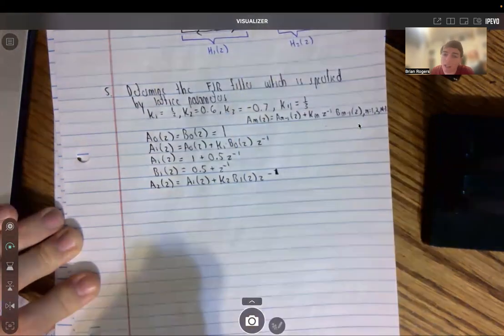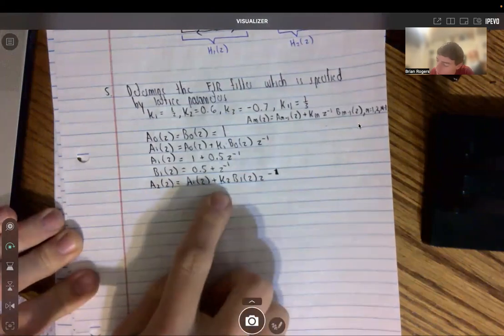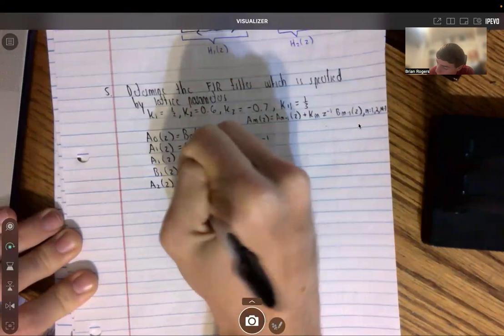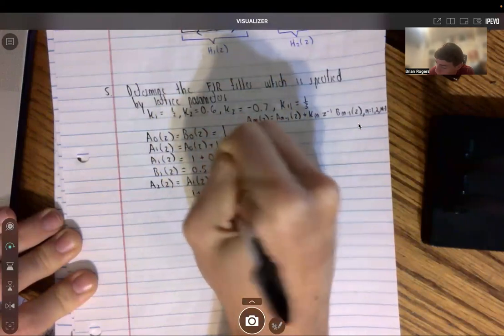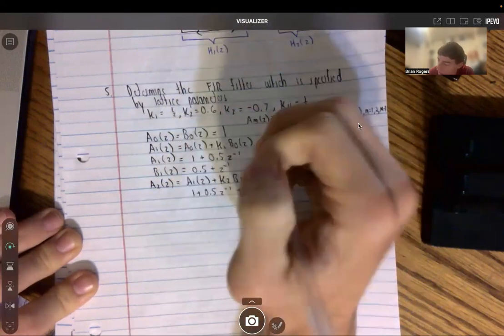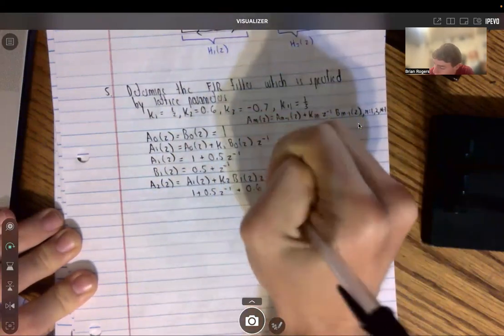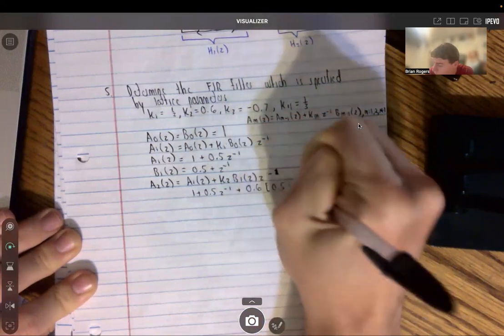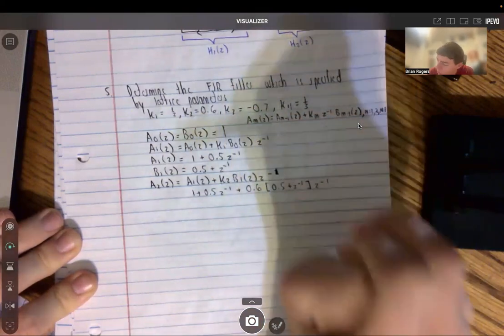And then what we're going to have here is your A1 of z is given by 1 plus 0.5 z to negative 1, plus your K2 was given to you as 0.6. Your B1 of z is 0.5 plus z to negative 1, multiplied by z to negative 1.